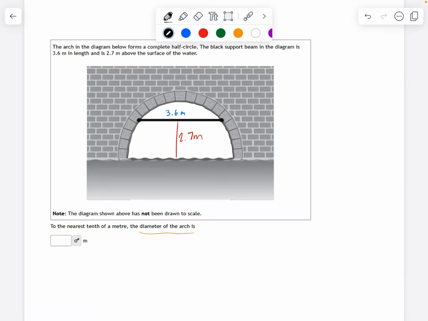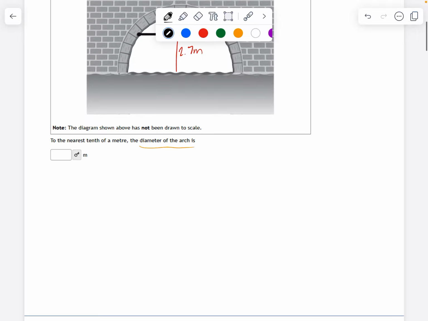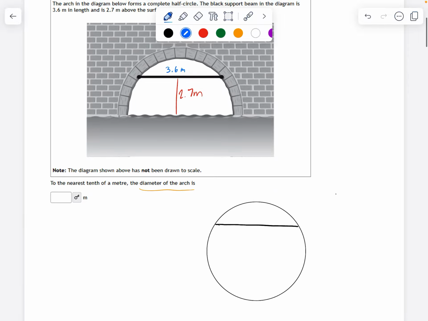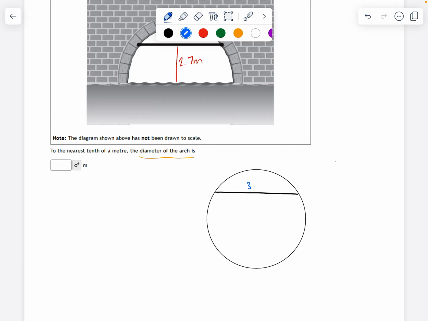So let's kind of take it out of the drawing a little bit to see it easier. So we have ourselves a circle, and then we have some kind of support beam there, and we know that's 3.6. Right, and then we have our center of the circle.